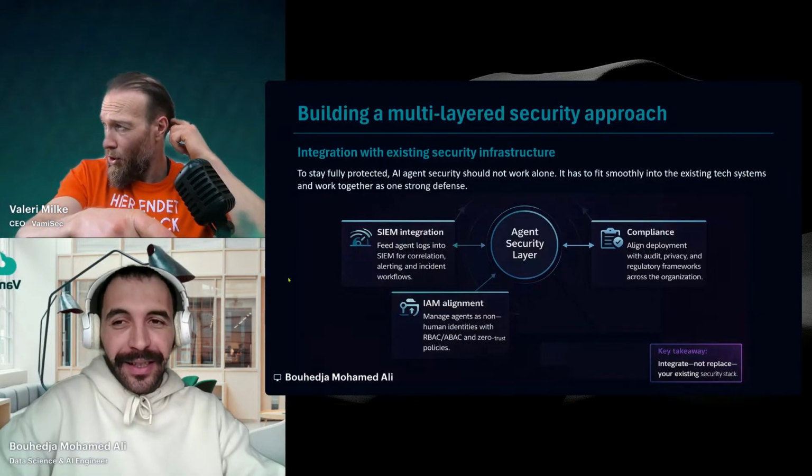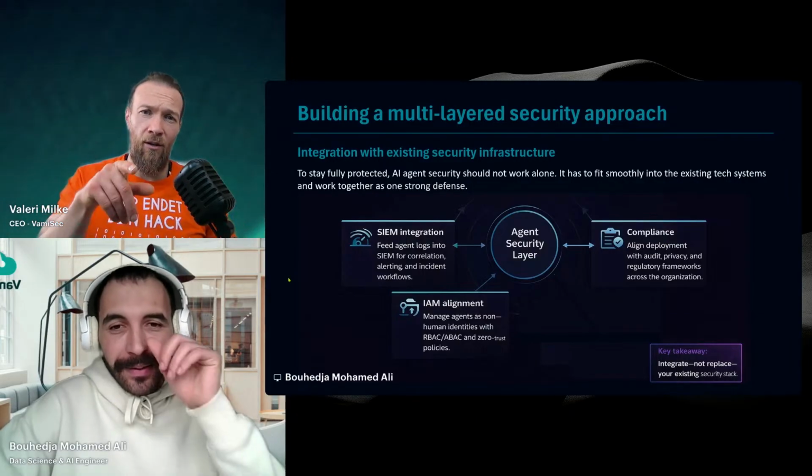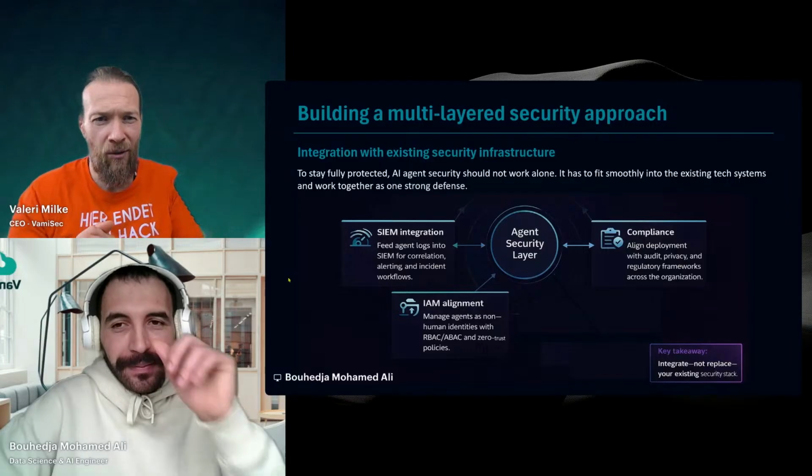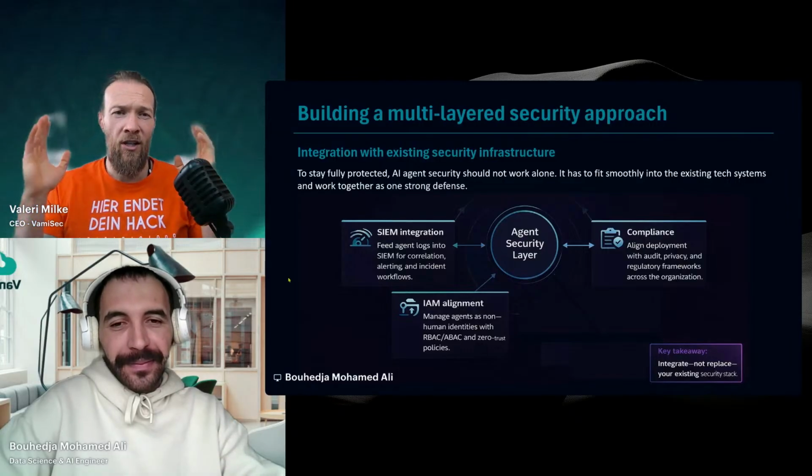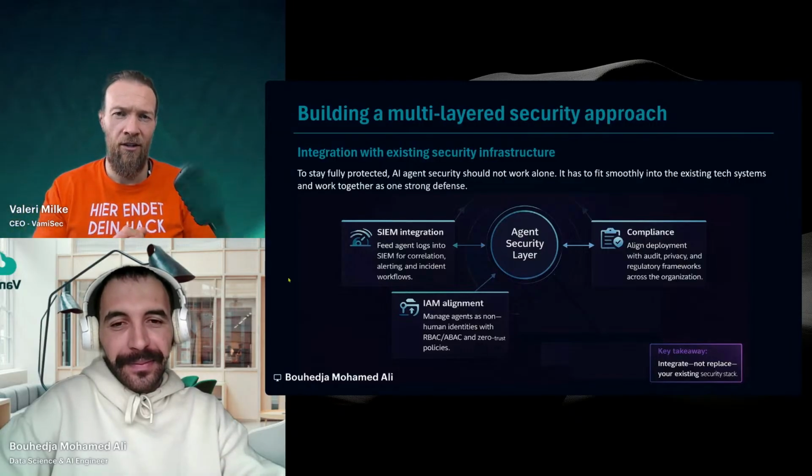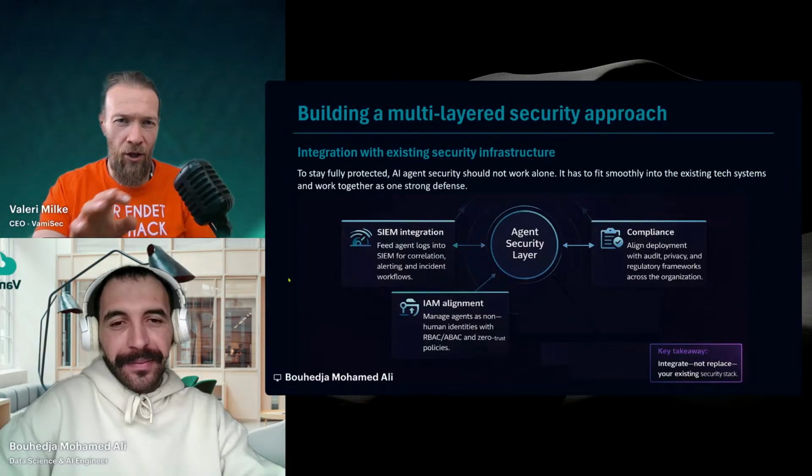What I also want to add here, if we are talking about SIEM integration, is that it's absolutely necessary. It's not possible with a traditional SIEM system anymore to detect and react properly to AI attacks.